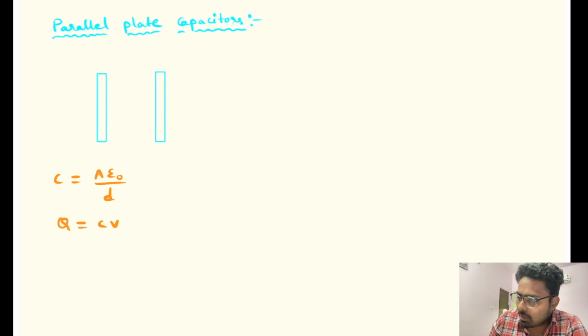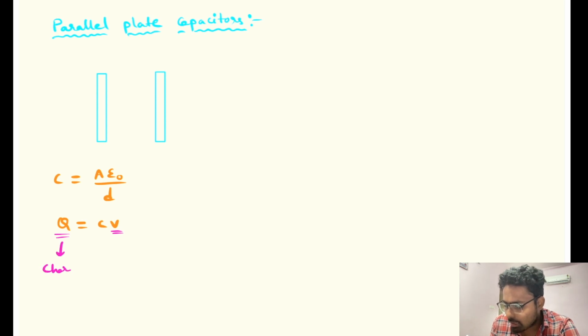In general you'll just write Q equal to CV and everyone will remember this formula, but I want you to have more clarity on what Q is over here and what V is over here. C is obviously the capacitance of whatever capacitor you take, and Q over here is the charge on the inner surface of the higher potential plate.